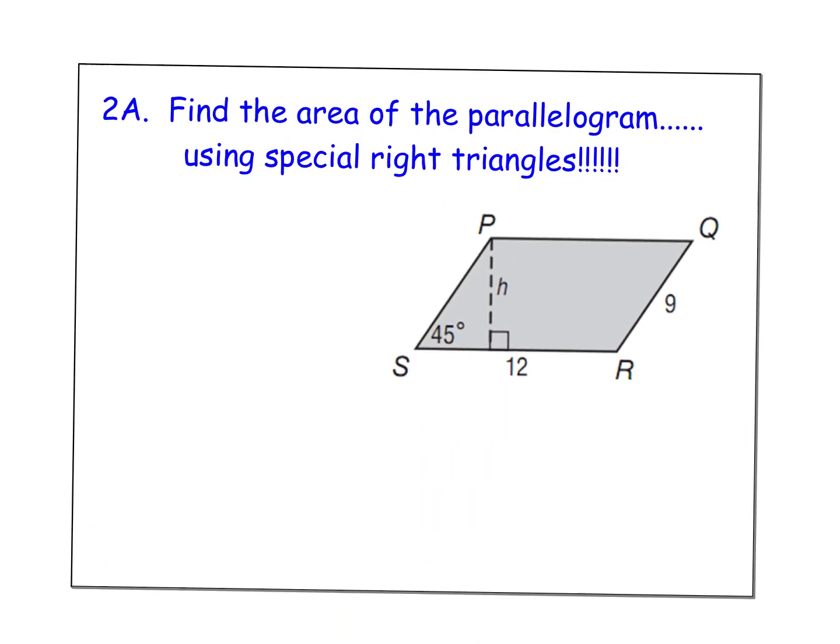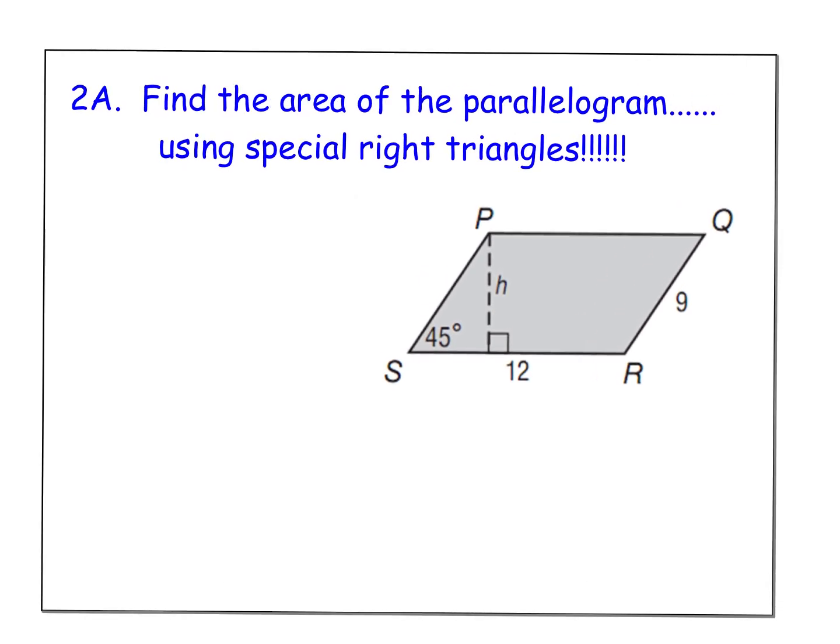So now if I look, now I need special right triangles. Ooh, plot twist. 45 degrees, that's 90. That makes that a 45 degrees. Now I need to kind of get a little clever here, right? So I know that this is 9.